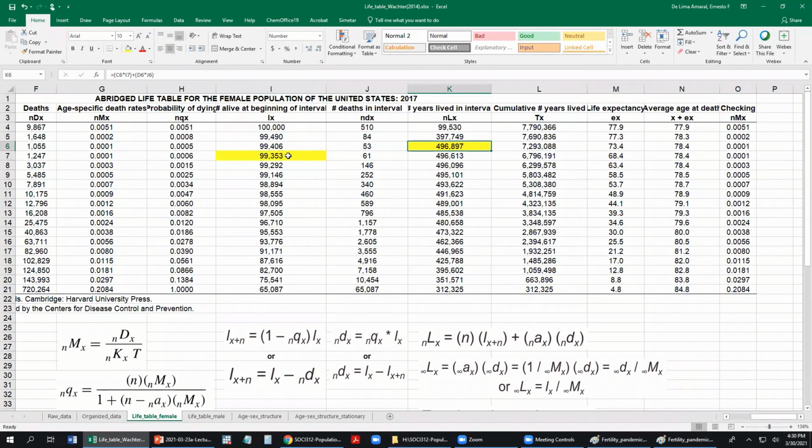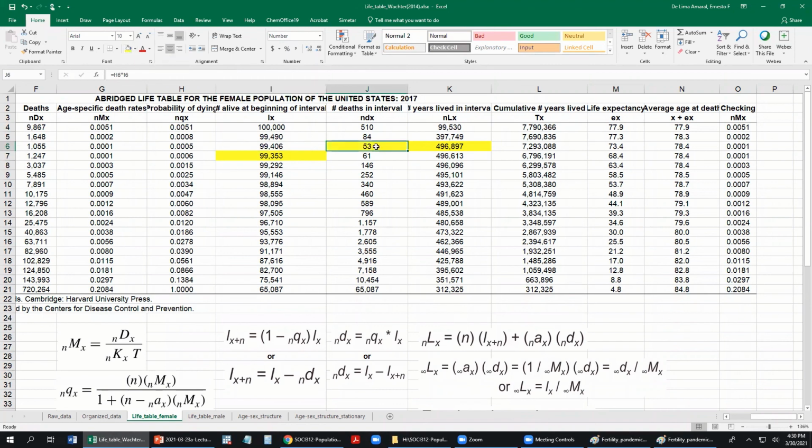These people who survived to the next age group survived all 5 years. So they get the next little l(x+n) multiplied by 5, because they survived all the 5 years in this age group and went here. So this number times 5 is how much they will contribute to here. And then how many the remaining people did.